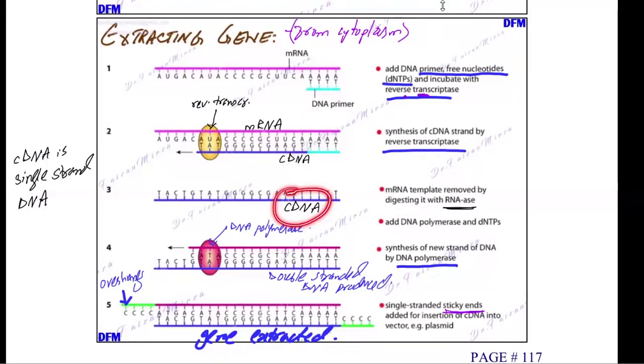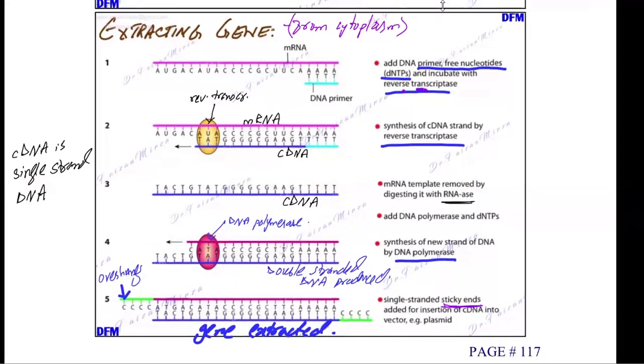Now you have to turn the cDNA into a double-stranded DNA molecule. So what do you do? Again, you attach a primer here. The primer is attached. It turns this end into a double-stranded end. Now to this double-stranded end, the DNA polymerase enzyme will attach, and it will start moving in 5' to 3' direction, and elongation will occur, and you will end up having another DNA strand being produced against the strand that already was there.